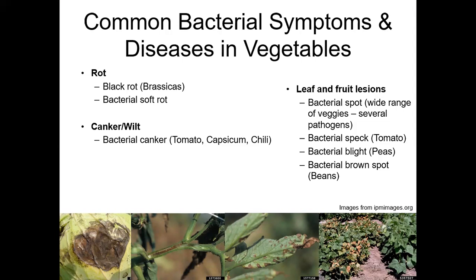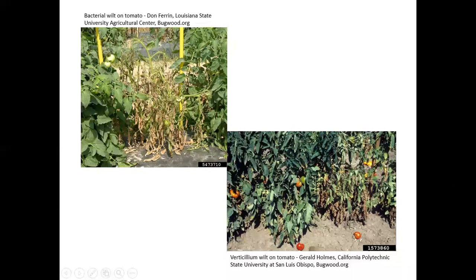Normally you're seeing a canker on the stem, or you could see a lesion on the stem. So we have bacterial spot, a wide range of our vegetables. We see bacterial speck on tomatoes, bacterial blight on peas, bacterial brown spot. So there is a lot to learn there.